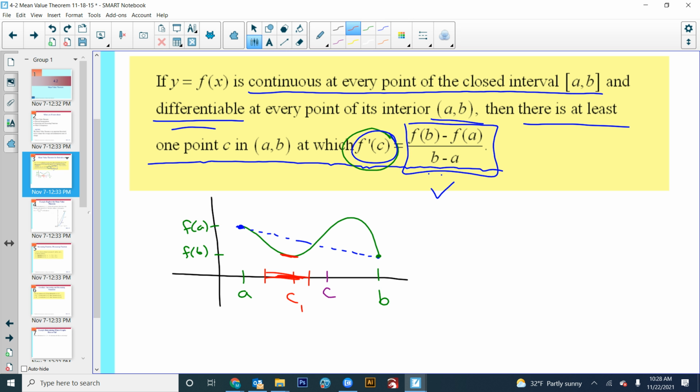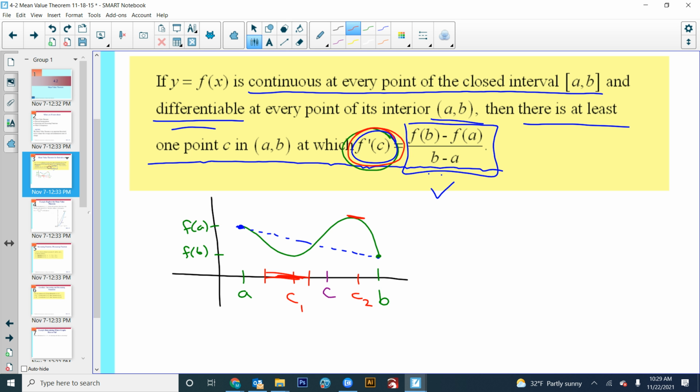Let's keep going. No. Yes. You agree? C2. Another C value where the instantaneous slope equaled that average slope. You follow me?